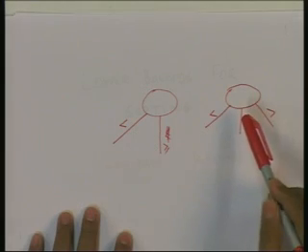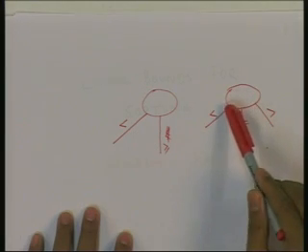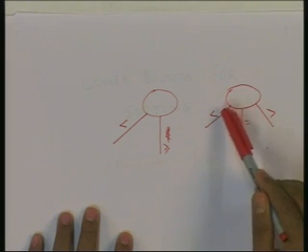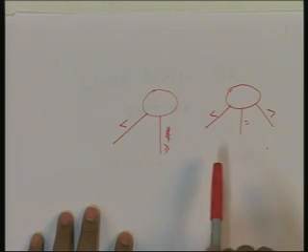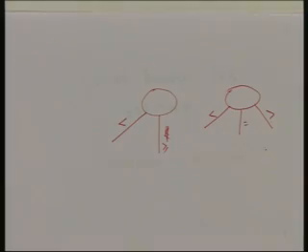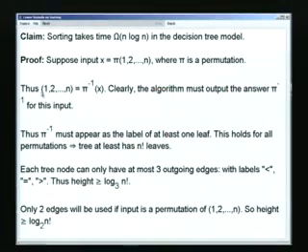So the n factorial leaves must be accessible only passing along these strict inequality branches. Which is as good as saying that if our input is a permutation of 1 to n, then we are only considering a subtree whose degree is at most 2, and therefore the height is at most log of n factorial to the base 2.